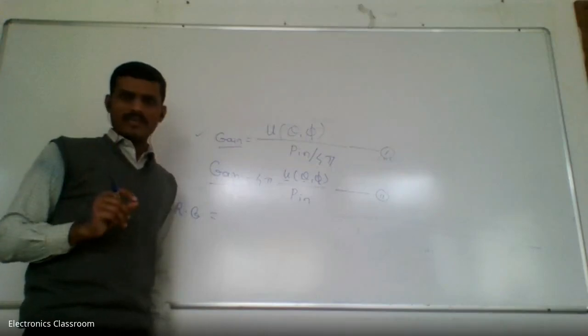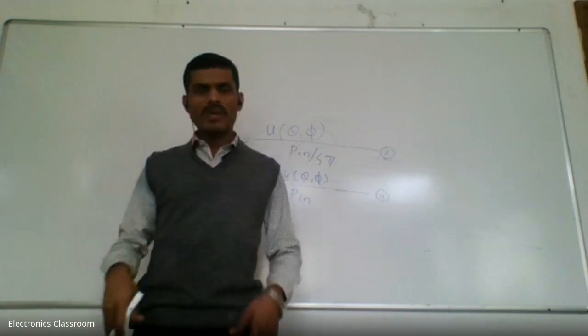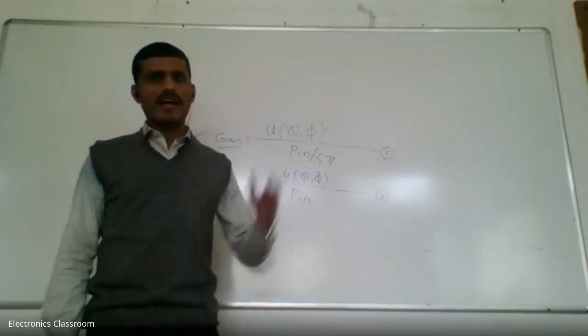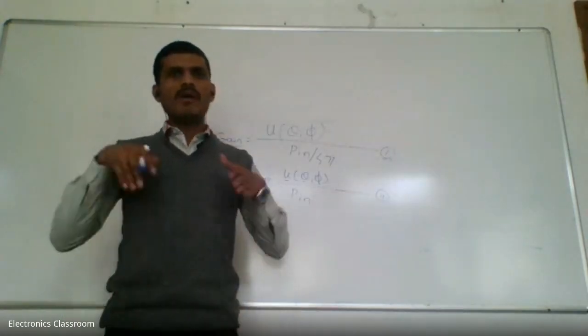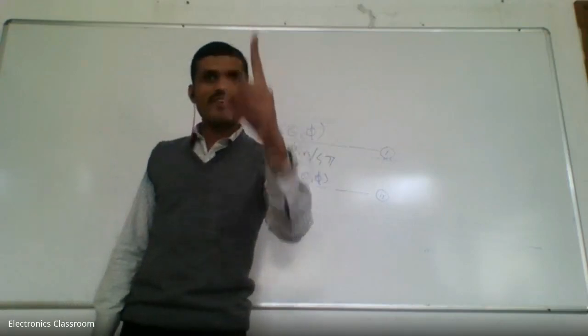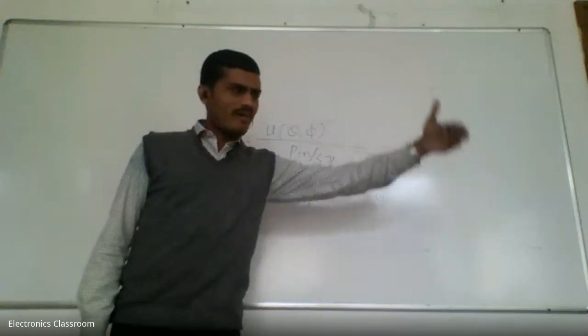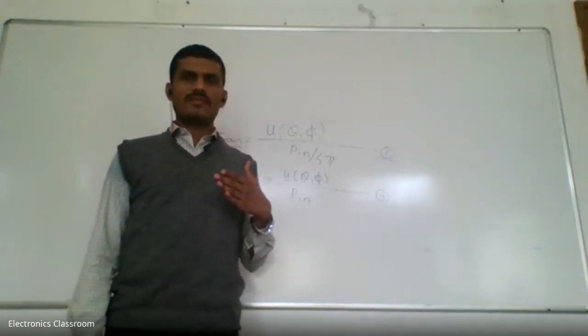Suppose we are calculating the power gain of a dipole antenna. The power gain of the dipole antenna is divided by the power gain of the reference antenna. That means the dipole antenna is compared with another reference antenna.